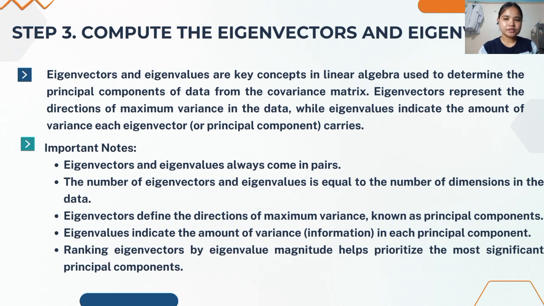It is important to note that ranking the eigenvectors by eigenvalue magnitude helps prioritize the most significant principal components. Later on in the example, I will show you how the ranking of eigenvalues is helpful in identifying which feature has contributed more, or which feature contains more information.